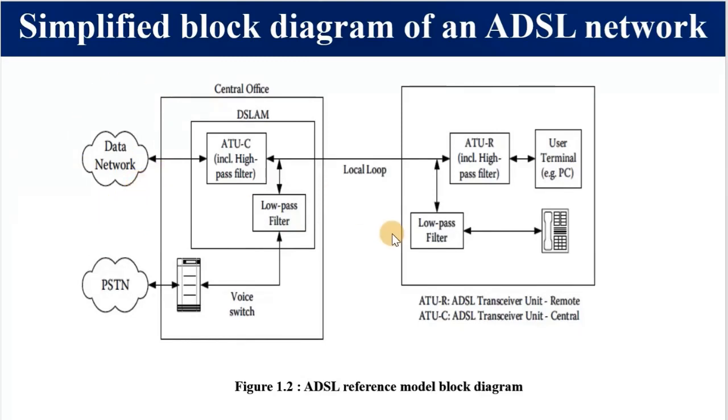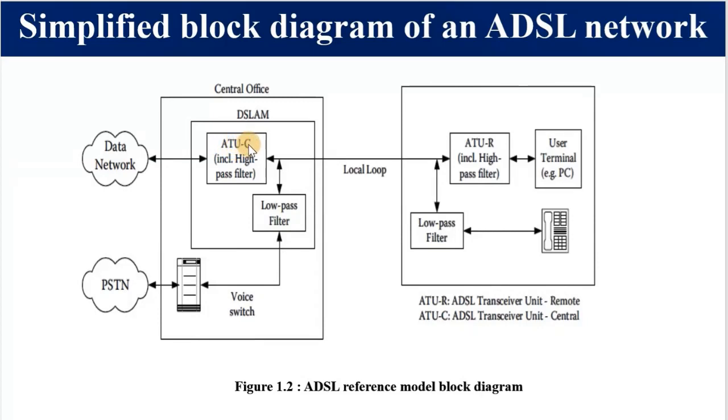So we are saying on an ADSL network, we must have two transceivers at the two ends. One at the subscriber's premises end is known as the ADSL transceiver unit remote, meaning far away from the exchange, and the transceiver in the DSLAM is known as the ADSL transceiver unit central.